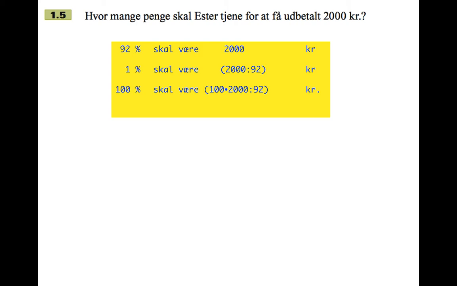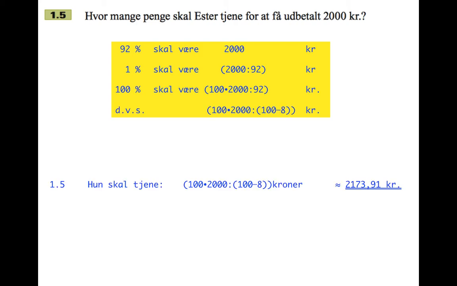And if you do all of that, you get that she had to earn 2,173.91, or I'd accept 0.92, because the answer was actually somewhere in between. So that's the big amount she earns. They take off 8% of that bigger amount, and then she's left with the 2,000.